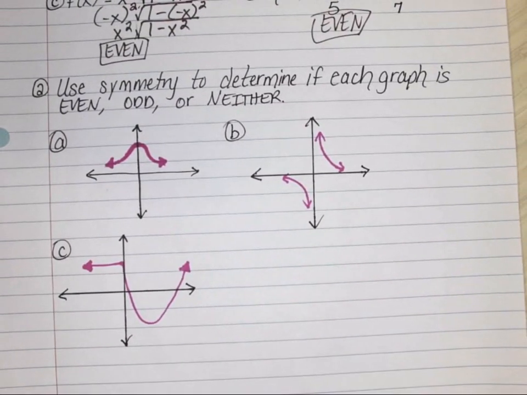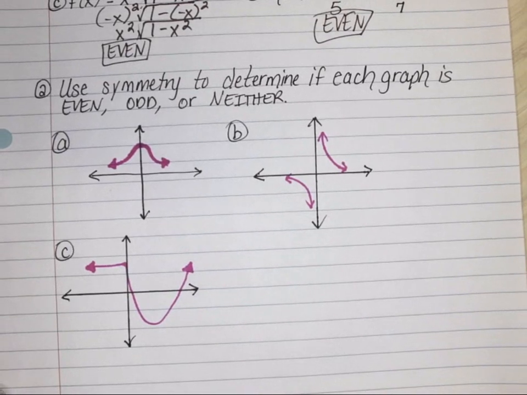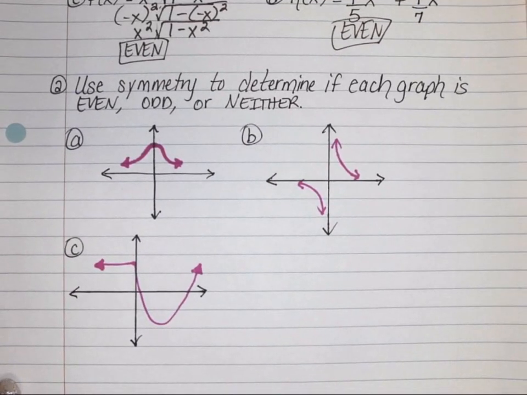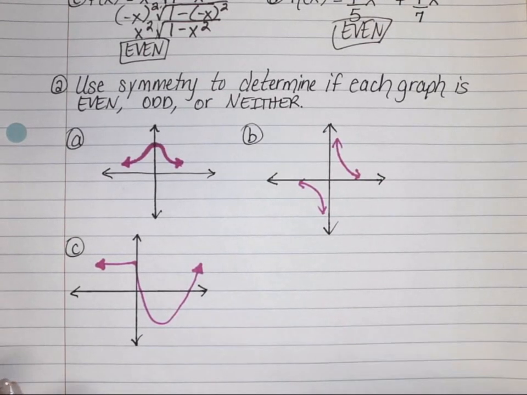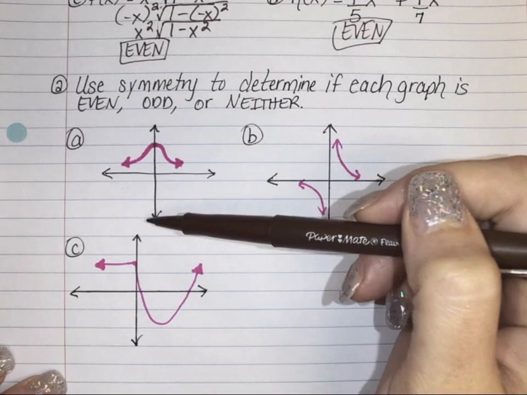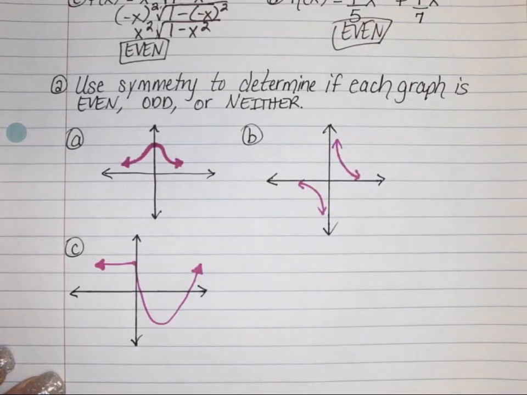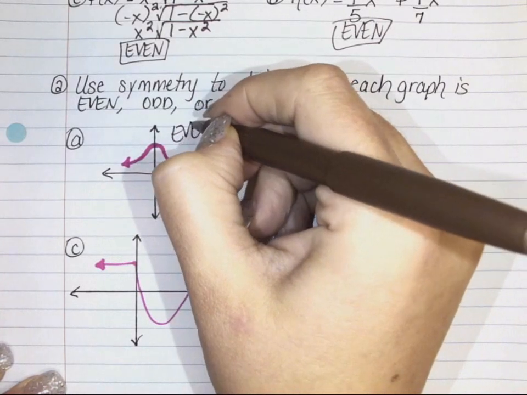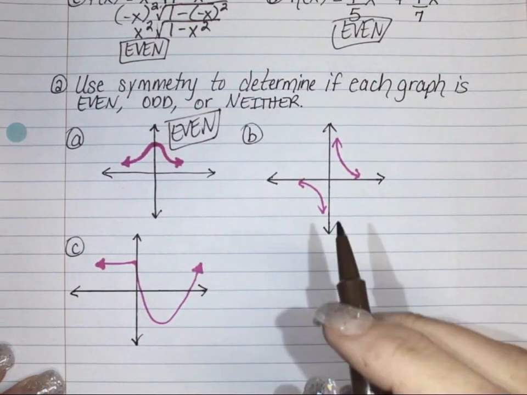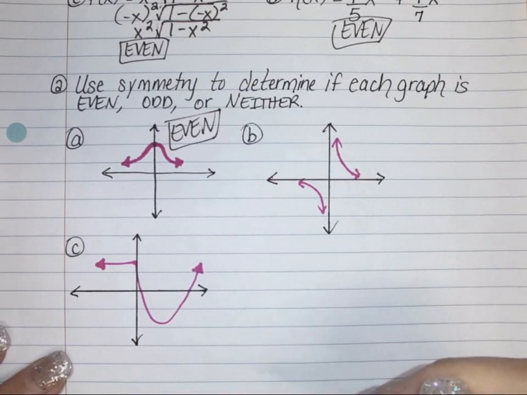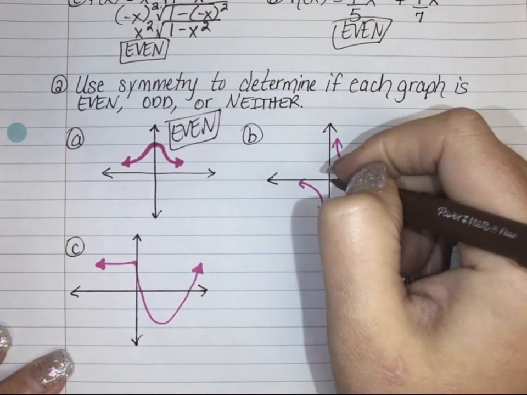Number 2, let's see what this looks like graphically. Use symmetry to determine if each graph is even, odd, or neither. In part A, that is definitely symmetric with the y-axis, and the type of function that is symmetric with the y-axis is your even functions. So even. B is definitely symmetric with the origin.